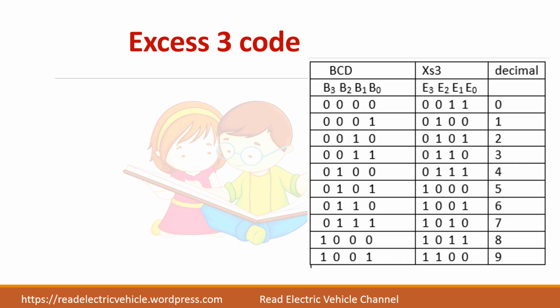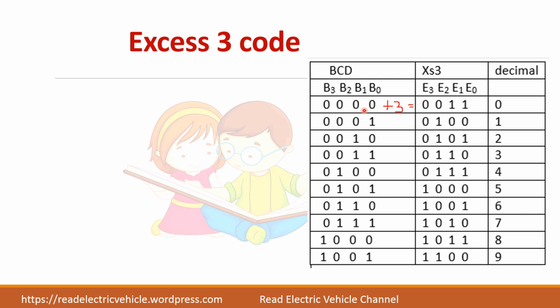This chart shows the relation between the BCD and the XS3 code. You can see here the BCD value ranges from 0 to 9. So 1001 is 9. See the XS3 code, there is no 0000. It means it is not starting from 0. Rather it starts from 0011, which is equivalent to 3.